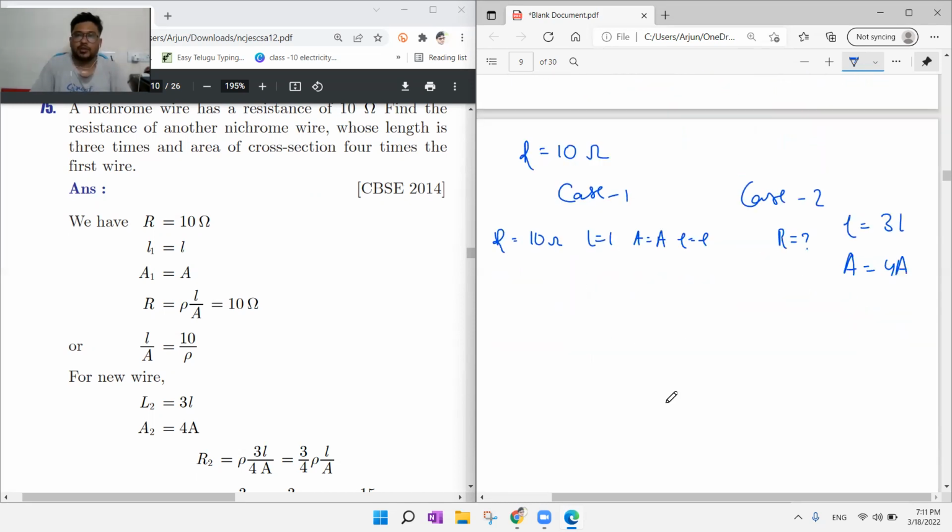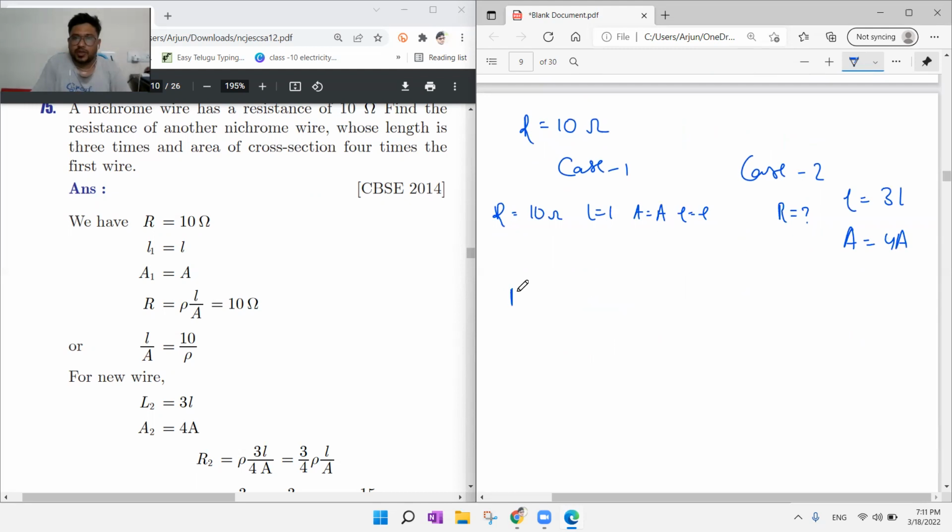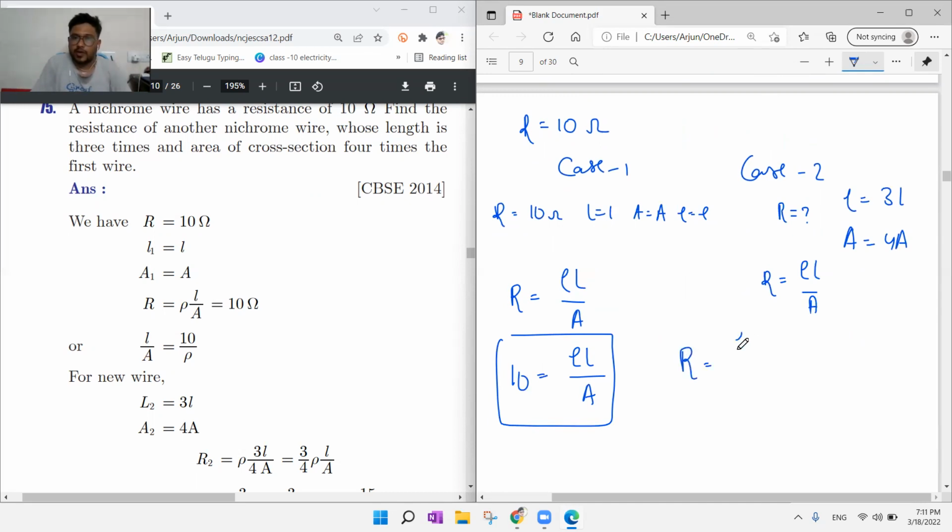Now what we can do, we can use same formula. Both cases, R is equal to rho L by A, and in case 1, R value is equal to 10. So rho L by A value is 10. Remember this. In second case, same formula you can use. R is equal to rho L by A. Now what is R value? We don't know. Rho value is rho, why? Because they are using same nichrome wire.